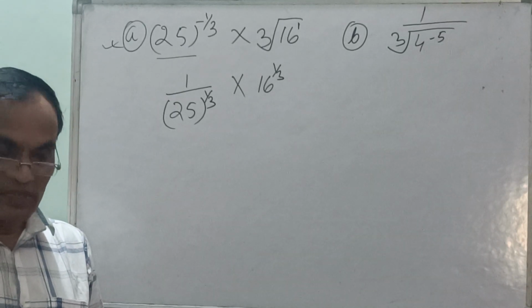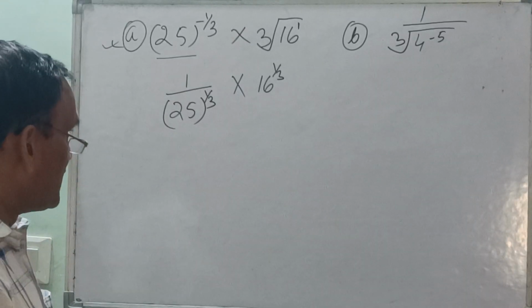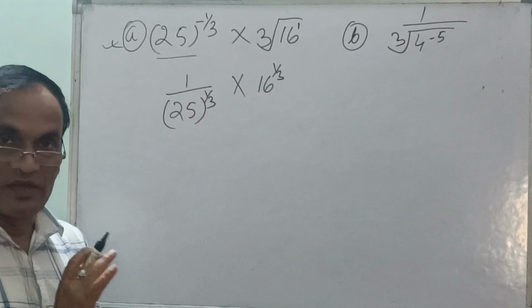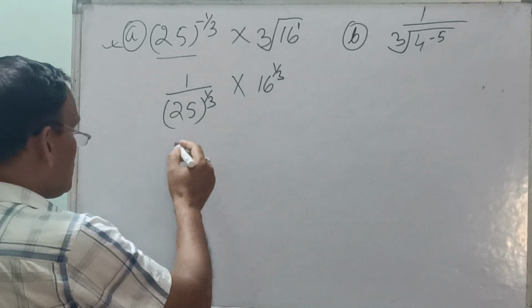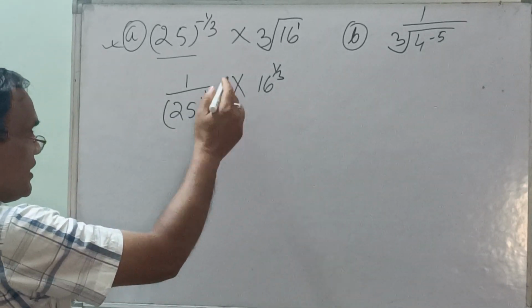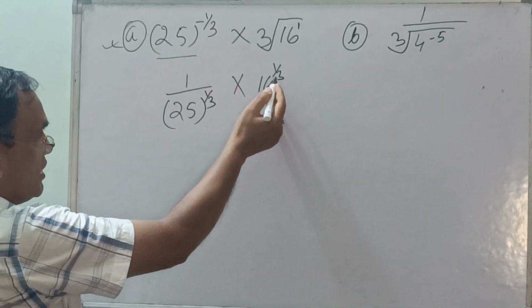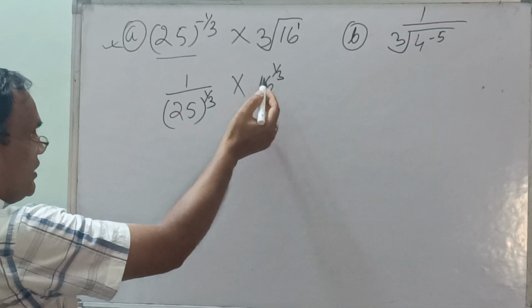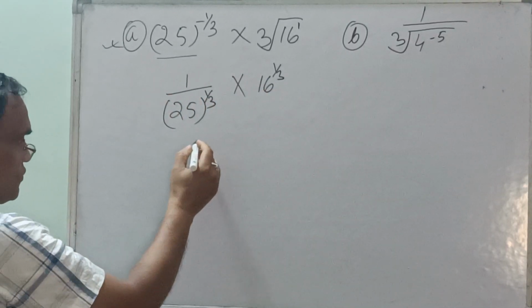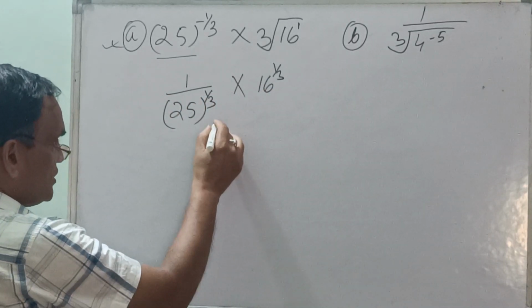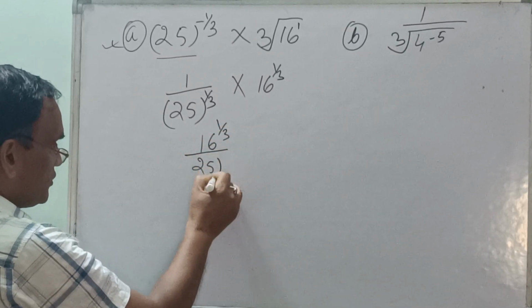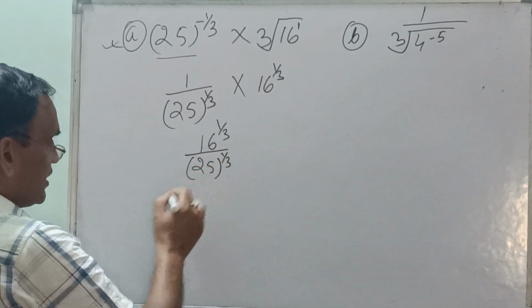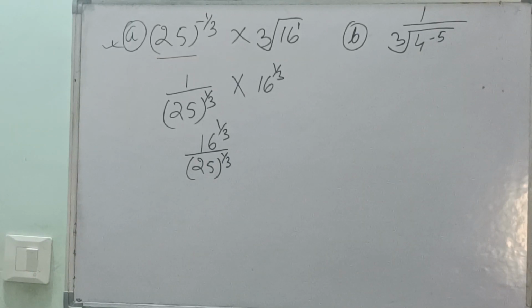This is to make my basic ideas clear. Now the root is removed. So what is happening here? Again we multiply 16 to the power 1 upon 3 into 1. So we can write 16 to the power 1 upon 3 and 25 to the power 1 upon 3. Can we write?